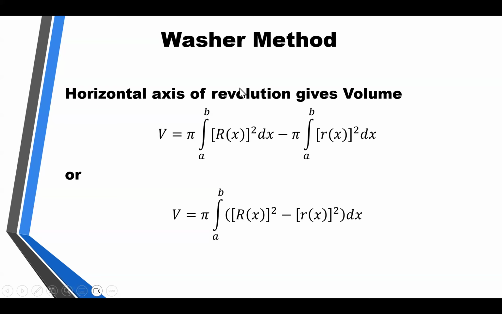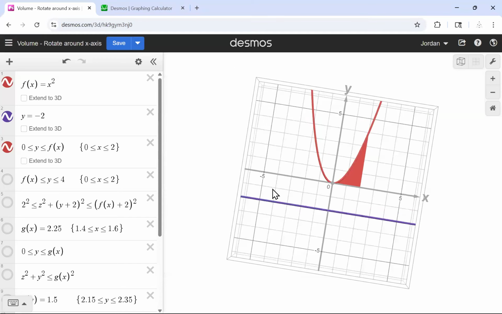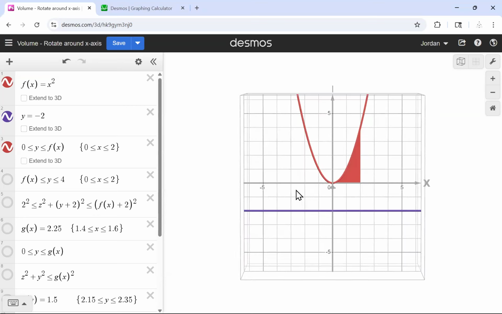Let's look at a visual here. I'll kind of talk through one example, and this one is related to the first one we looked at. So let's say we want to take this region, and instead of rotating it around the line y equals 0, we want to rotate it around the line y equals -2.